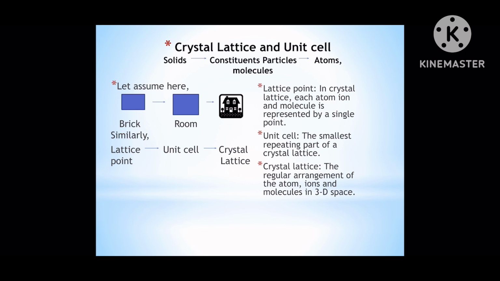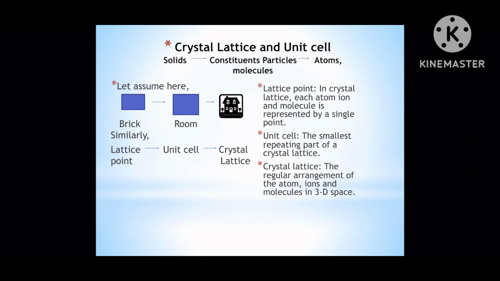Now we have to discuss the definitions. I have written the definitions of all three. First is lattice point. In a crystal lattice, each atom, ion, and molecule is represented by a single point. A unit cell is the smallest repeating part of a crystal lattice, whereas a crystal lattice is the regular arrangement of atoms, ions, and molecules in 3D space.